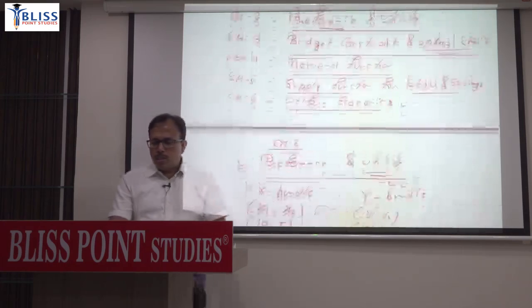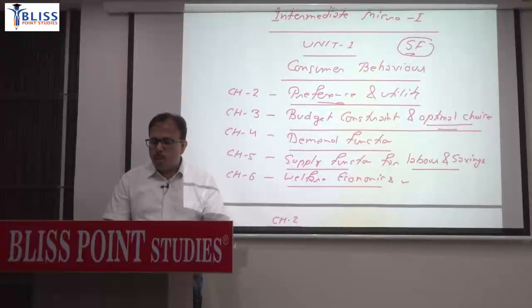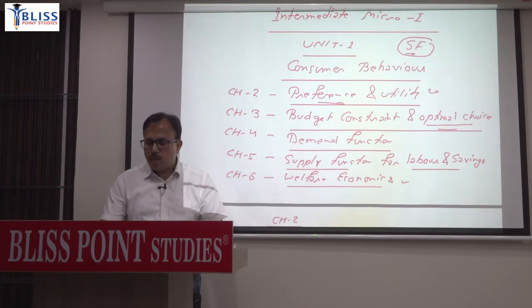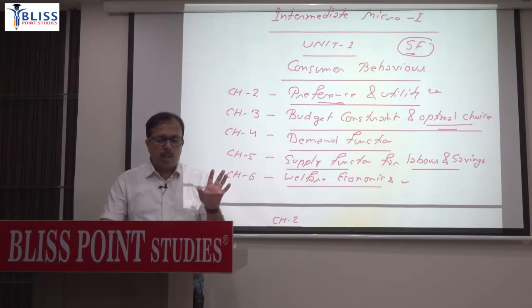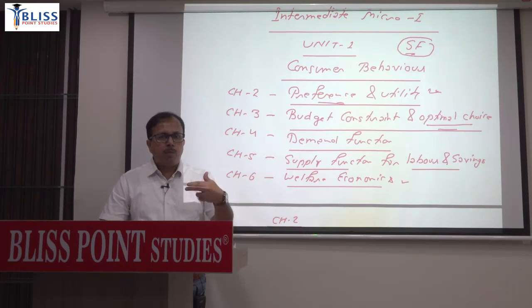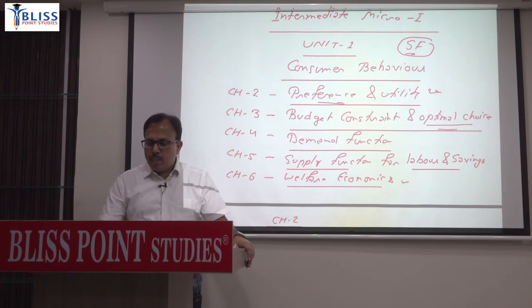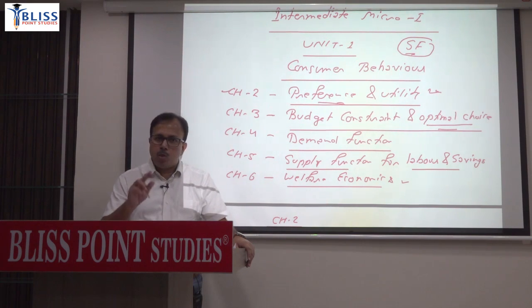So this unit, that is consumer behavior, in this first chapter, obviously it has to be explained in detail. We have to explain all types of preference function. We have just explained the well behaved one. This chapter explains what the consumer wants to buy. The next chapter will determine what the consumer can buy. Once you combine both, what the consumer can buy will be represented by the budget line.